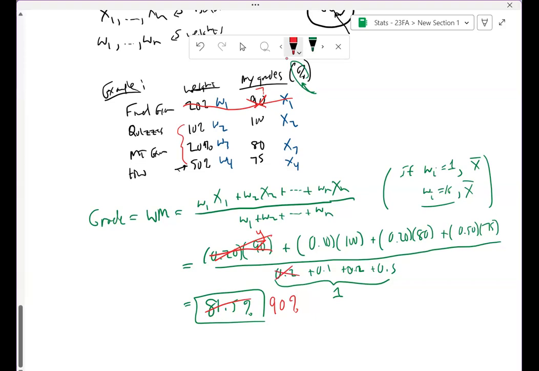So I'll use maybe these three, 0.1 times 100 plus 0.2 times 80 plus 0.5 times 75, but then divided by the sum of these three weights, which is only 0.8. In other words, out of an 80 possible percentage points that I could have earned so far in the course, what proportion of those 80 percentage points did I earn? That's why I'm dividing by 0.8. So that's the weighted mean.